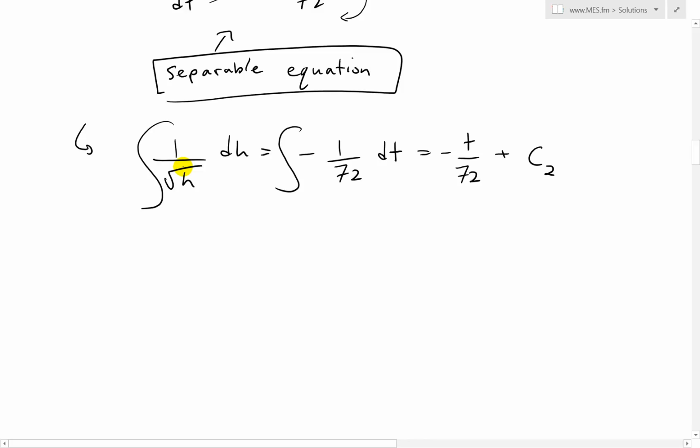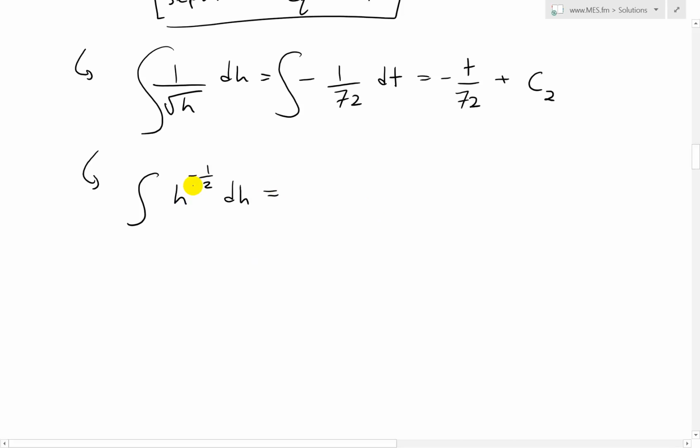And now this one here, to solve this, let's simplify it a bit further. It's the same thing as writing h to the power of negative 1/2 dh, and then the integral of this is equal to, an easy way to do it, I like putting the negative power like that. So we add 1 to the power, so that's h to the 1/2, and then divide by 1/2.